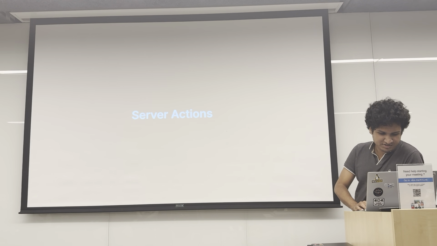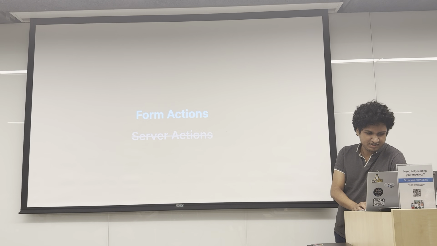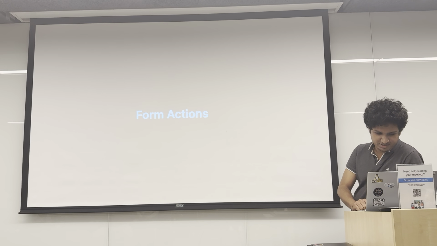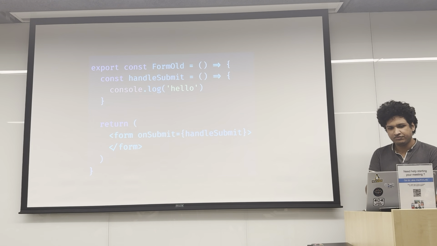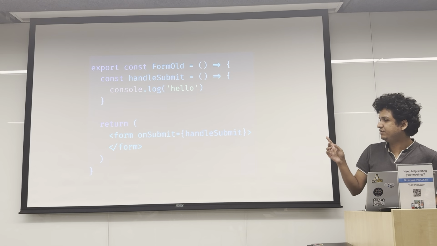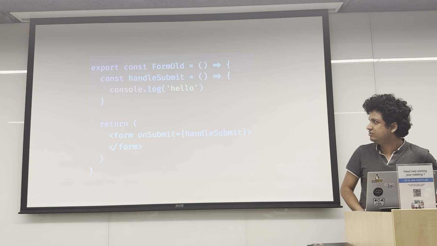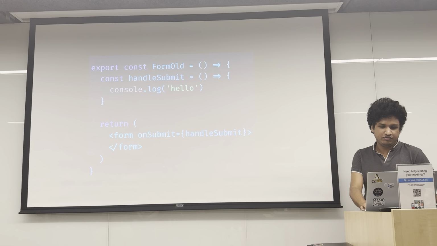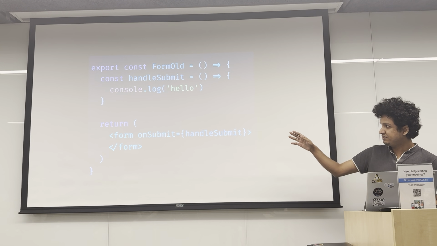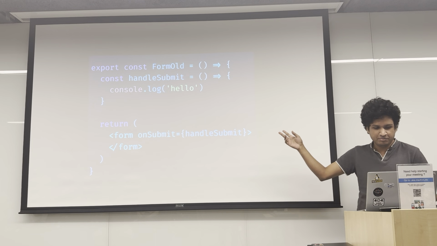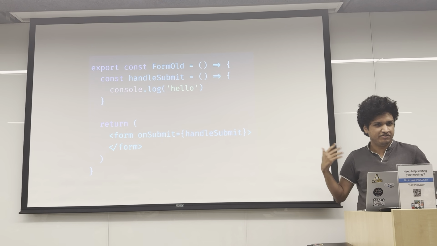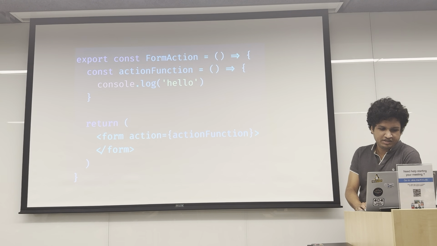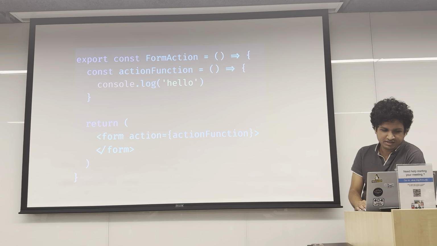So let's start with this thing called server actions. Well, actually form actions, because server actions you have already seen in Next.js. So how many of you understand this simple code? This is nothing new. React 19 made this change, so instead of this, which is extremely simple because it's just console.log, but it often gets very complicated, you can simply create a function.